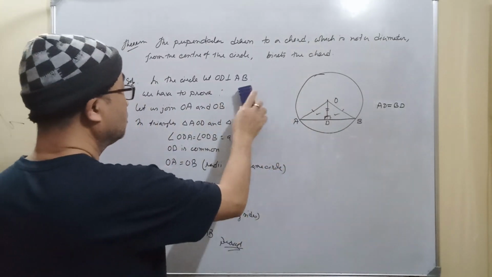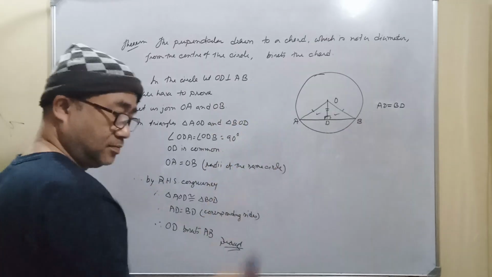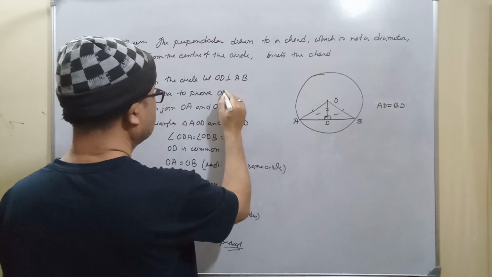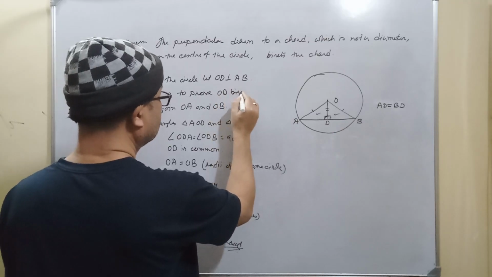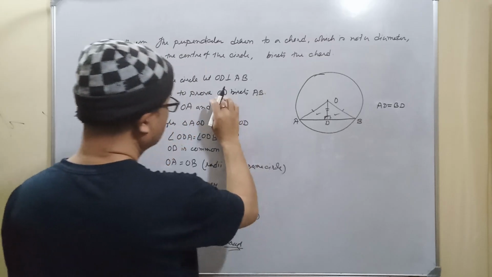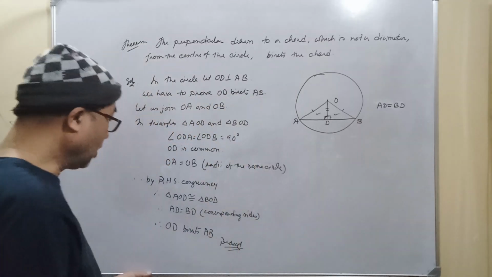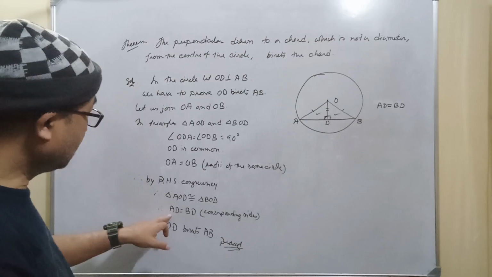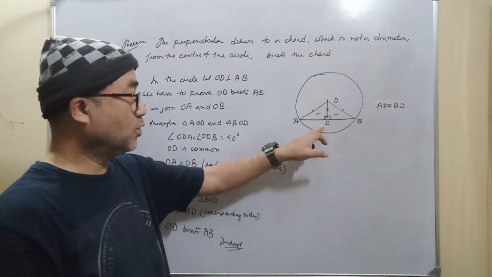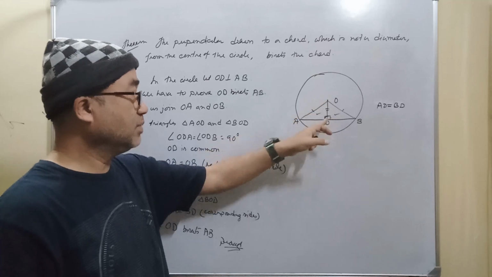We have to prove OD bisects AB. And how we prove it? By proving that AD is equal to BD, where this is the point at which OD meets AB.